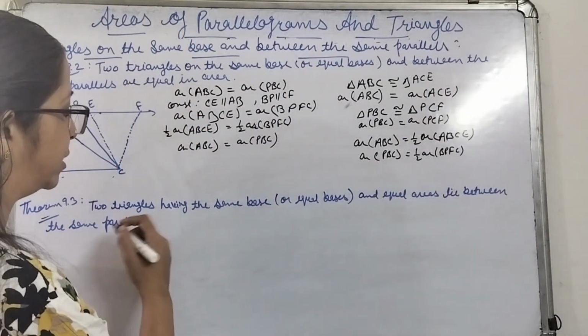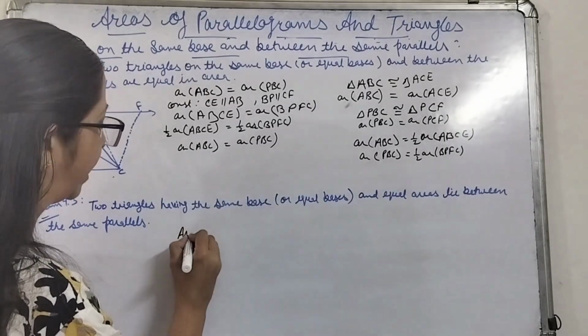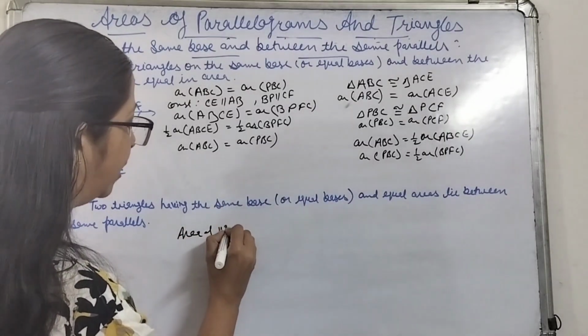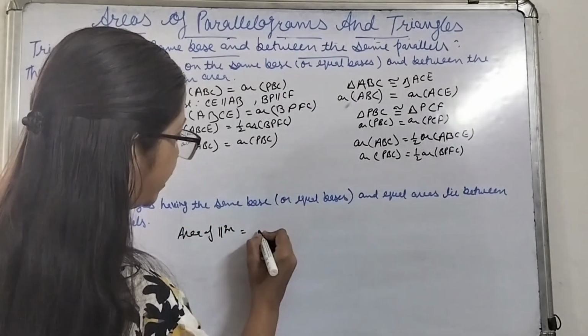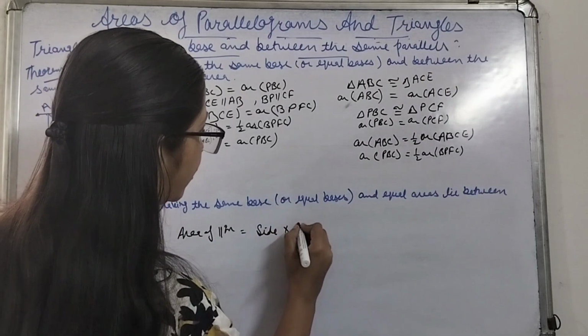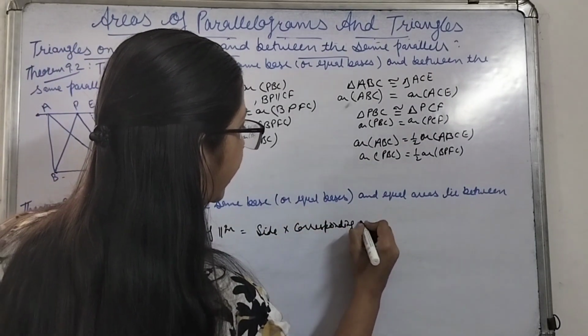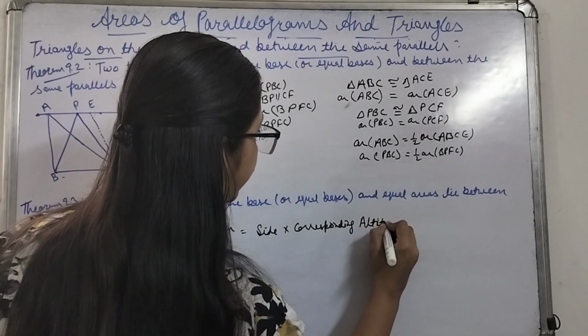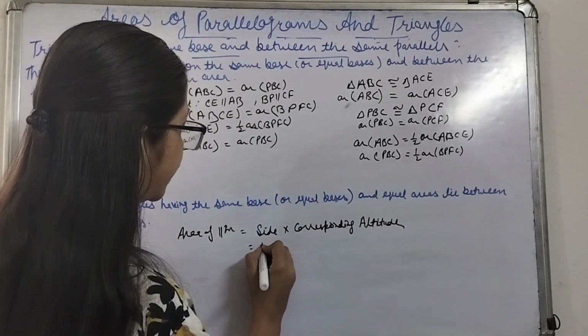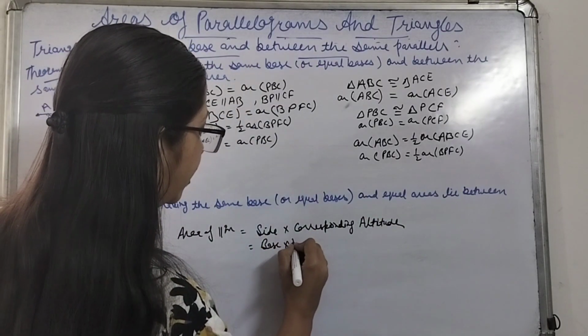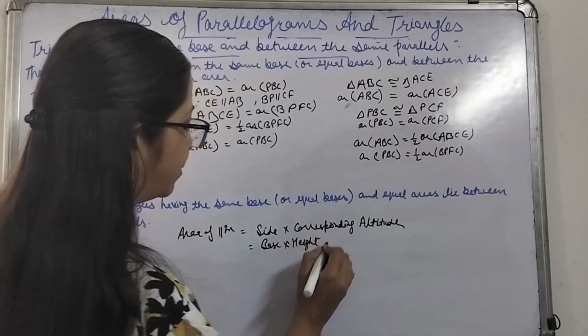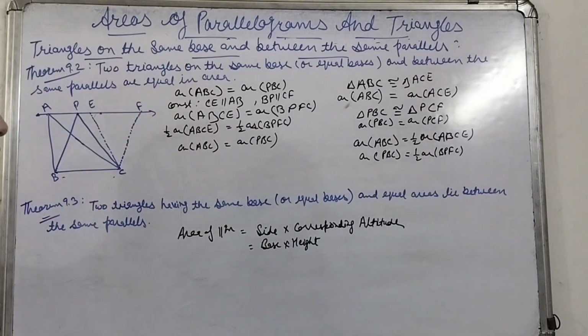So we have learned just now that for the area of a parallelogram, we take one of the sides and the corresponding altitude or height, or we can say base into height. Any of the sides can be taken as base, and then accordingly we take the height.